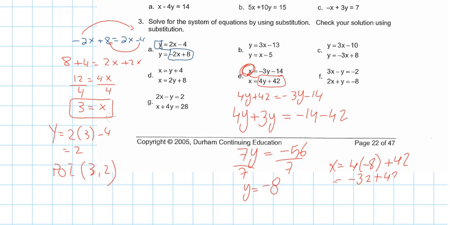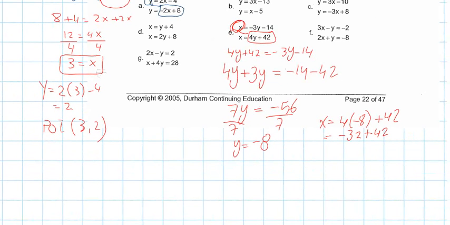So that gives me positive 10. So that means my x value is 10 and my y value is negative 8. So my POI is 10, negative 8.